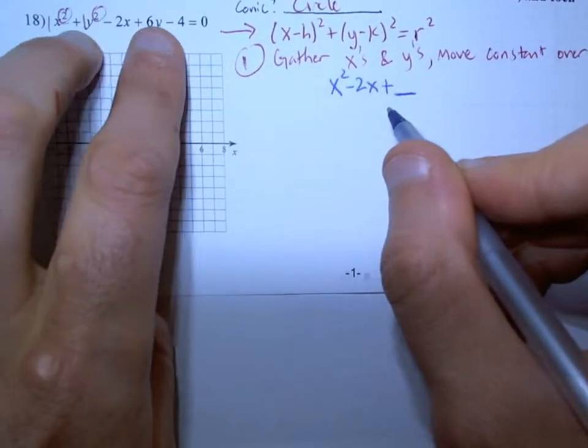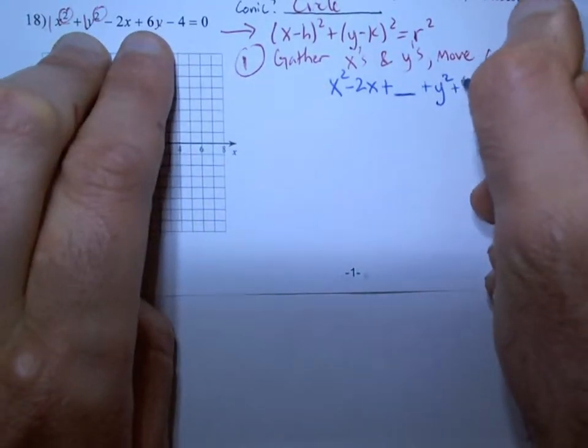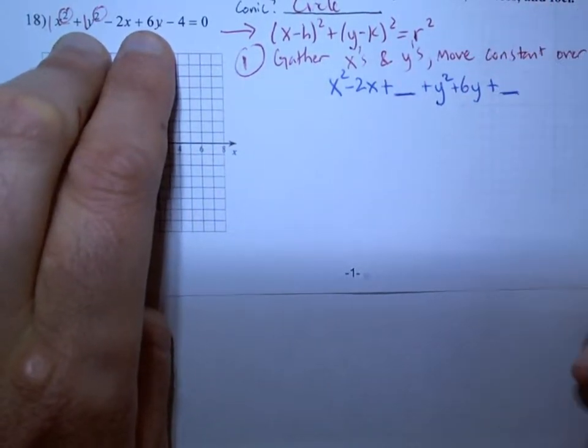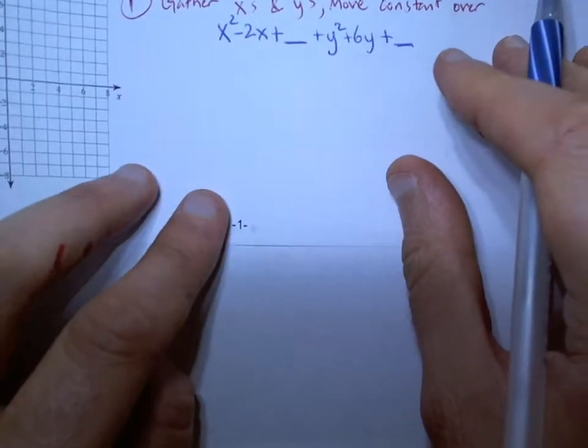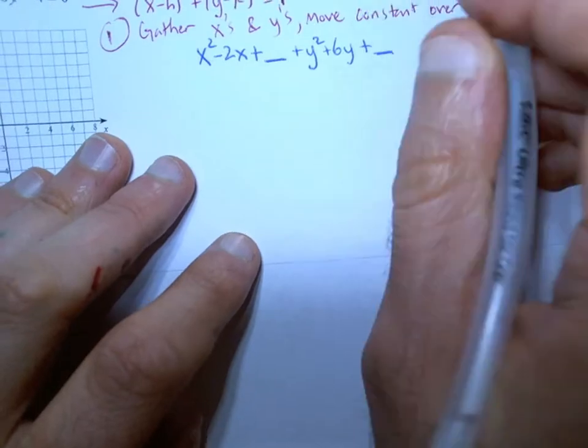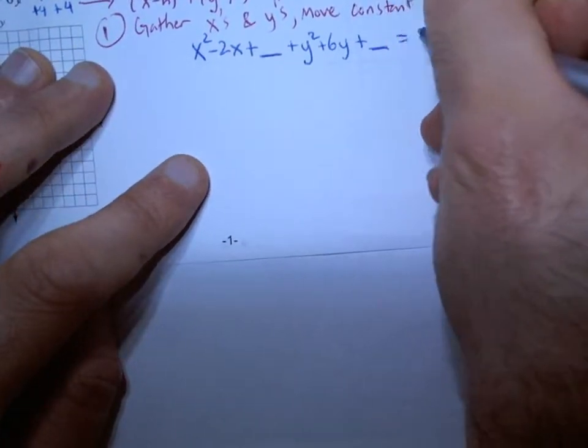All right, let's gather the y's together. So plus y squared plus 6y plus blank. We're leaving it blank here. And then we're going to move the constant over. In other words, we're going to add 4 to both sides. So we get 4.